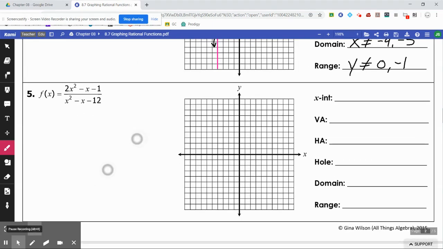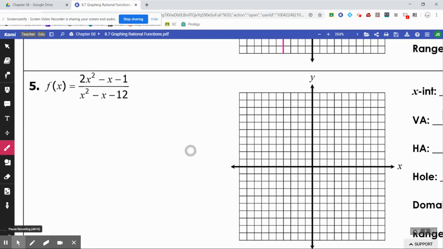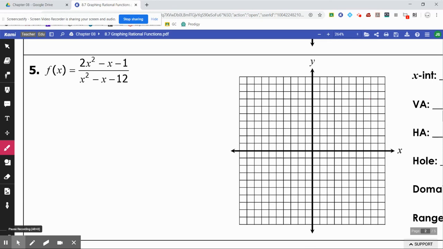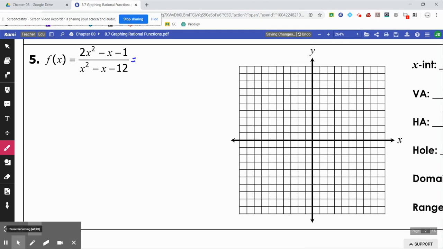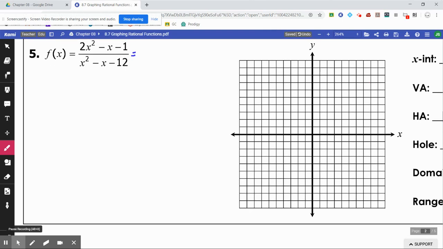Okay, number 5. Again, first thing we're going to do is factor this to see what our domain restrictions are. The top is going to have to be factored with bottoms up, or slip and slide. x squared minus x minus 2. Factor like normal, 2 sets of parentheses, x and x, adds, multiplies, be a negative 2 and a positive 1.